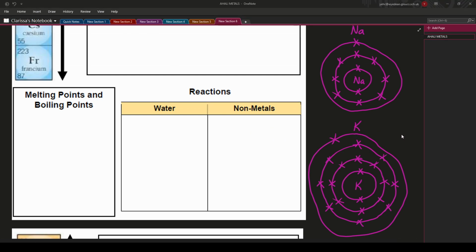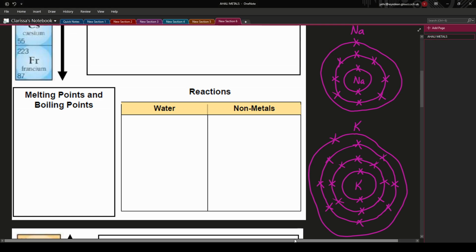There we go. Look at potassium here, down here. The center is a positive charge, so it's going to attract these electrons to it. Because it's positive, electrons are negative, so it's keeping those electrons near the nucleus.